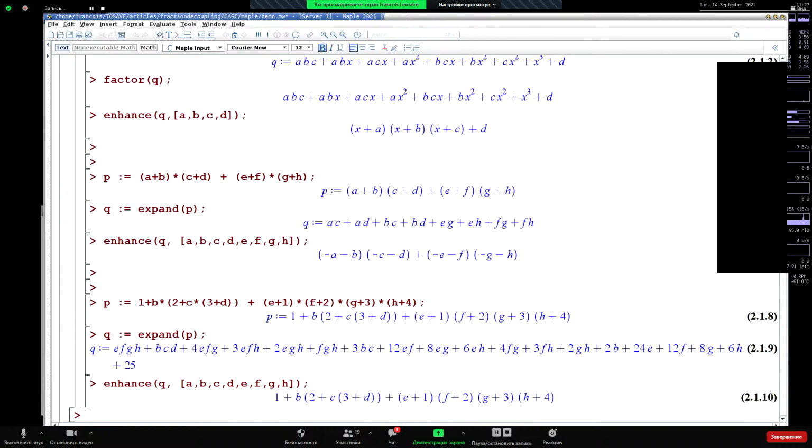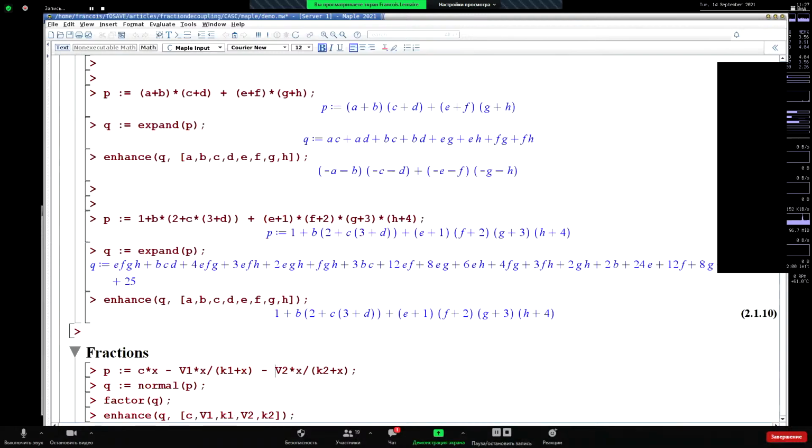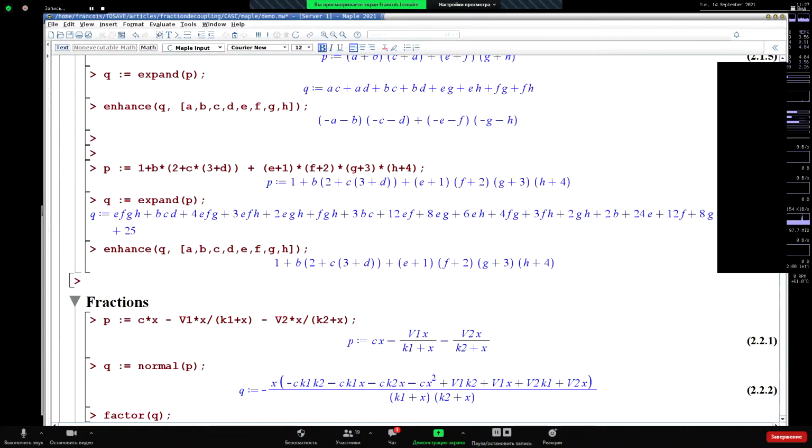So this one is a bit more complicated, but still you can recover the original compact form. Okay, so those examples were polynomial, but it also works on fractions. So that was the example in the introduction.